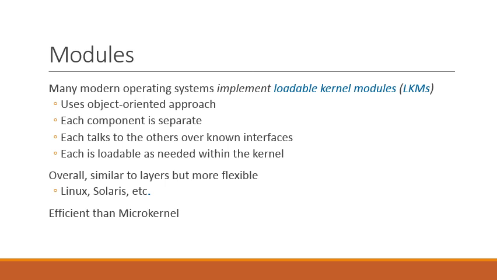However, this approach is more flexible as compared to the layered structure because in this approach, any module can talk to any other module, whereas in layered structure, a layer can talk only to the layer below it. The example of these operating systems include Linux and Solaris operating system.